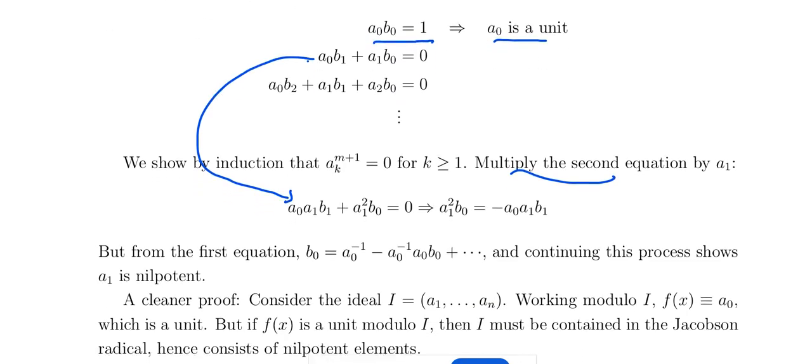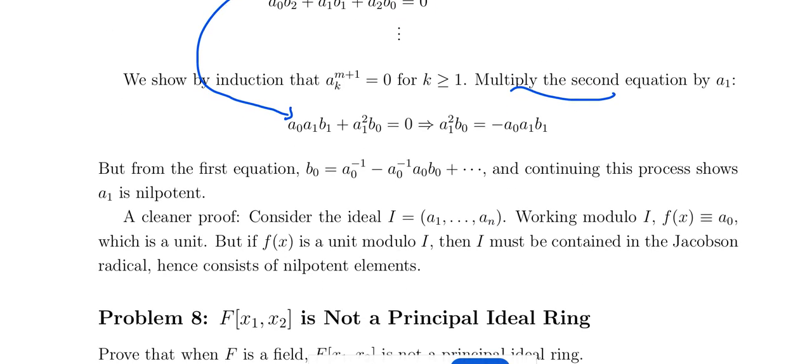From the first equation, b_0 equals a_0 inverse, and so on. Continuing this process, a_1 is nilpotent. A_1 is nilpotent. Okay.